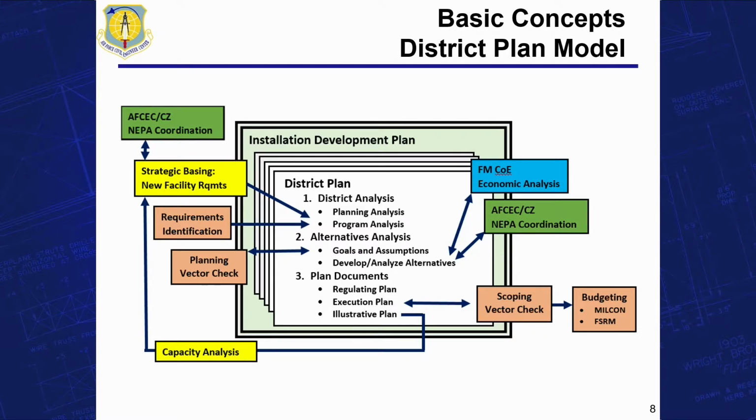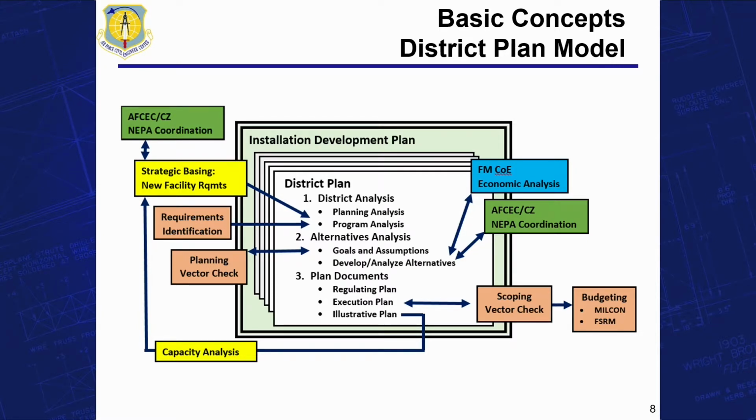The green box located above strategic basing represents the NEPA process, which is a formal process used to analyze and document the Secretary of the Air Force's decision for basing actions. Also note that the model shows an output from the district plan process. Labeled Capacity Analysis, the district plan process will follow facility capacity estimates for the planning district.